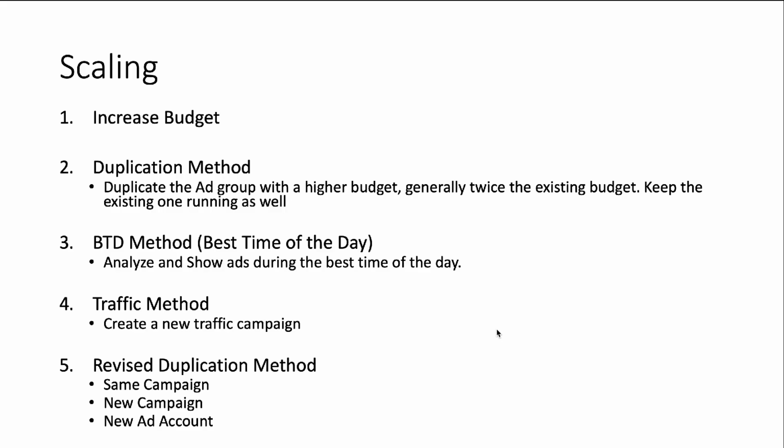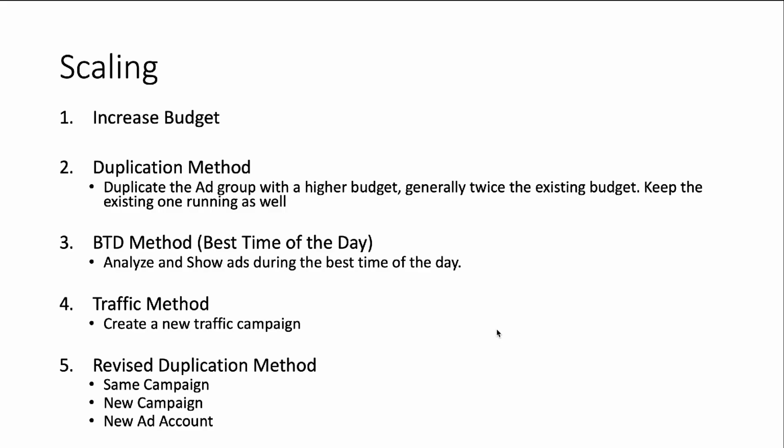So increase the budget by about 10 to 15%, maximum 20%. So if your existing budget is 4,000 rupees, change it to 4,800 maximum today. Then the next day again increase it by 20%. Then the next day again increase by 20%. So the days you are profitable, you keep increasing your budget by 10 to 20% every day, and gradually you scale.